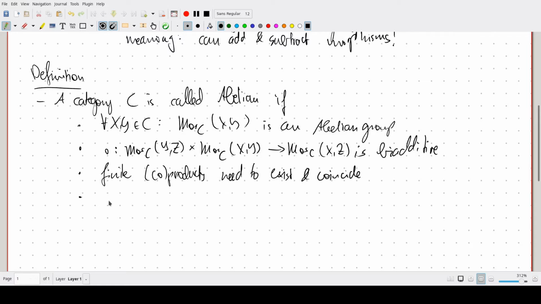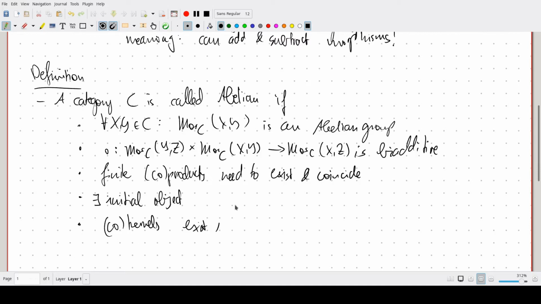Then it needs to have an initial object. Then we need to have kernels and co-kernels, which in this case are just equalizers and co-equalizers with the distinguished zero element of the morphism group.